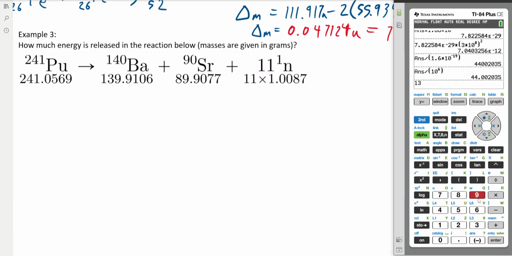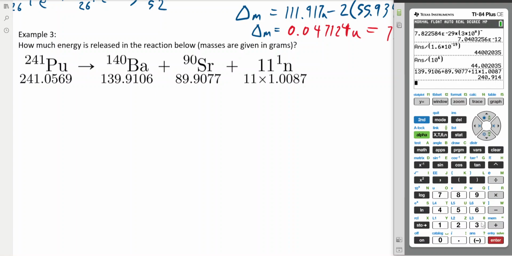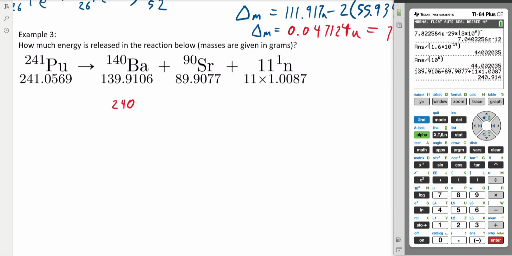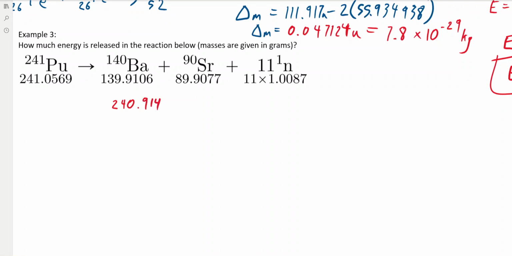So 139.9106 plus 89.9077 plus 11 times 1.0087. And so the right side is 240.914.